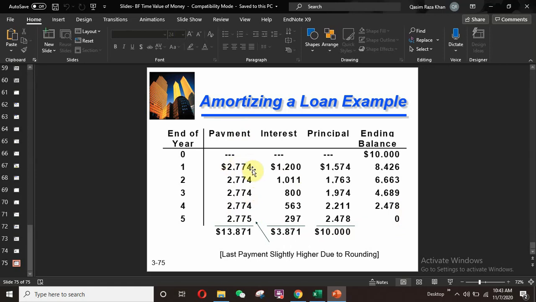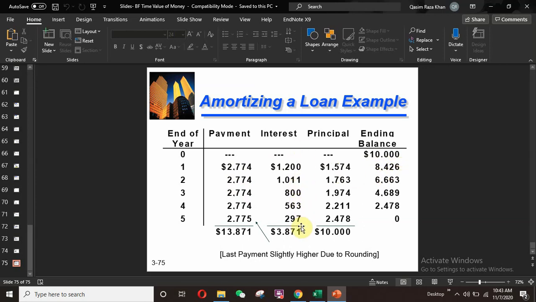After that, you observe here in annual payments, you repay the bank: first deduct the interest payment, then the remaining amount is allocated to principal, and it is deducted from the total borrowing amount, and the next interest is charged on this amount, that is 1011.